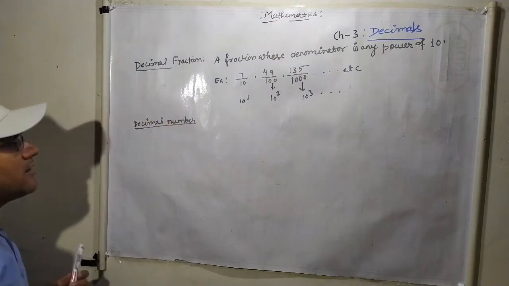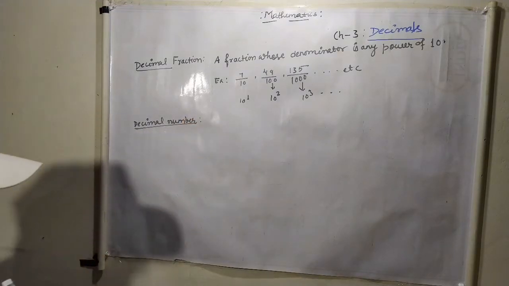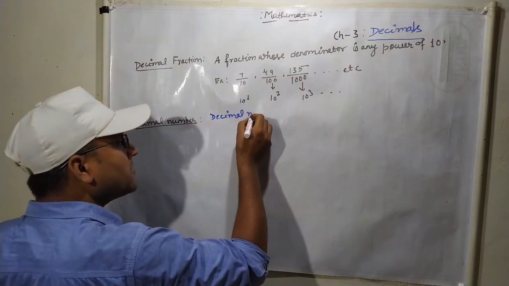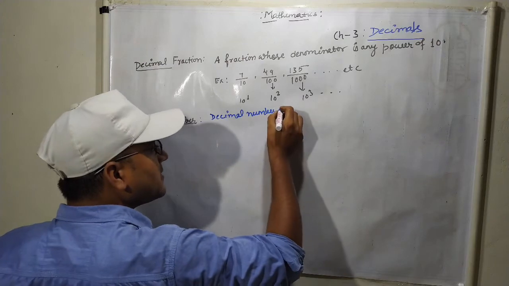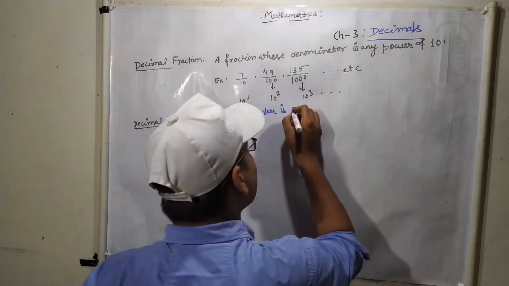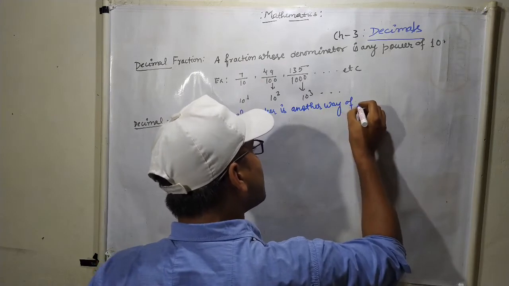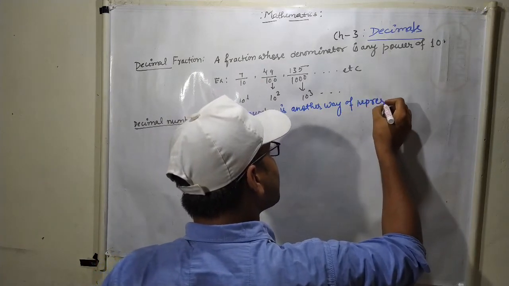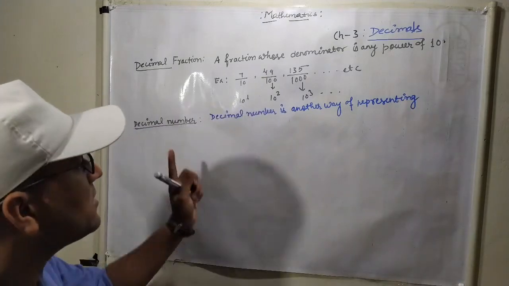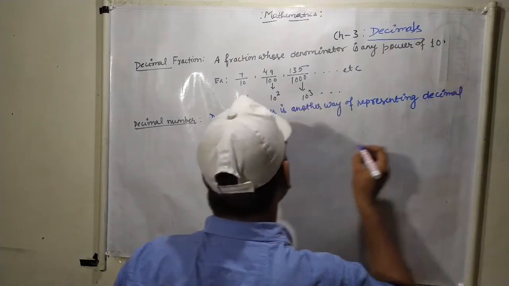A decimal number is another way of representing a decimal fraction.